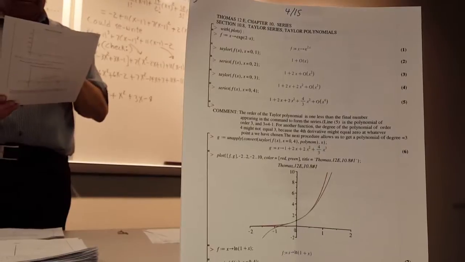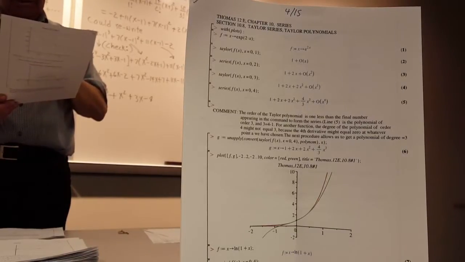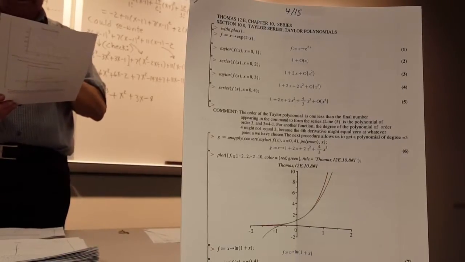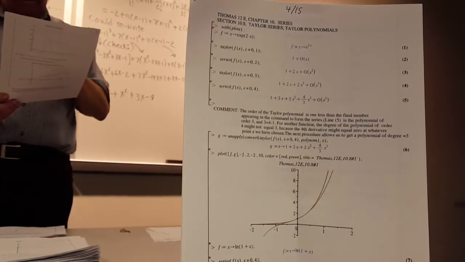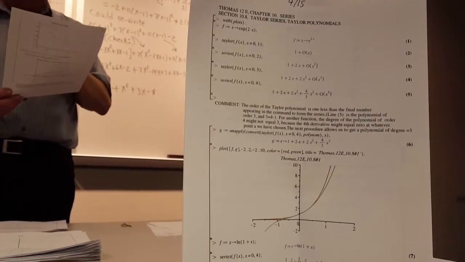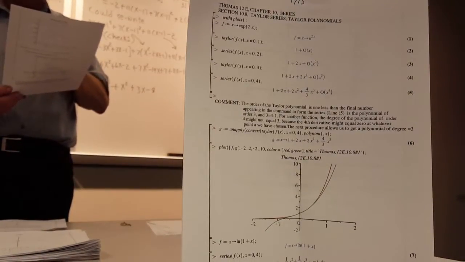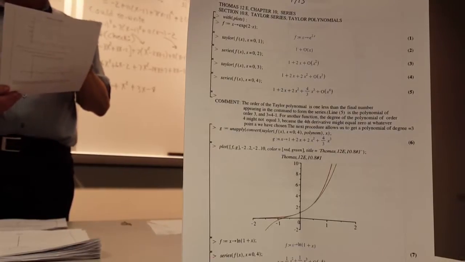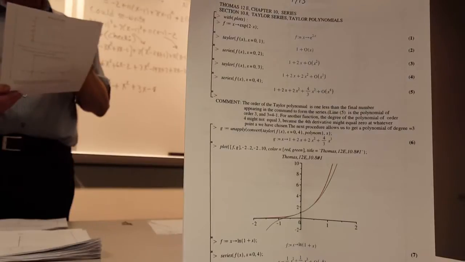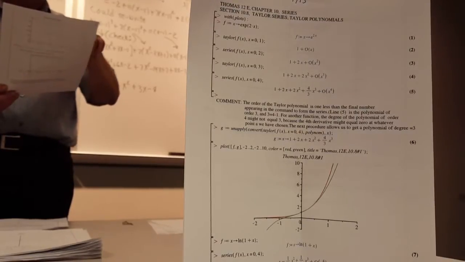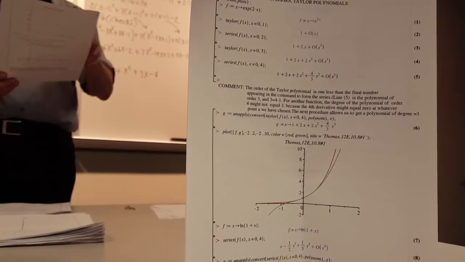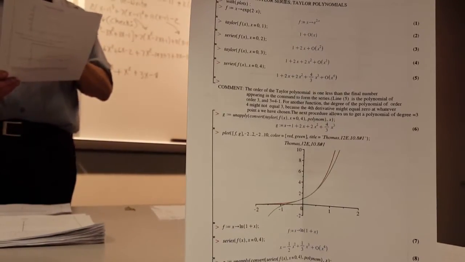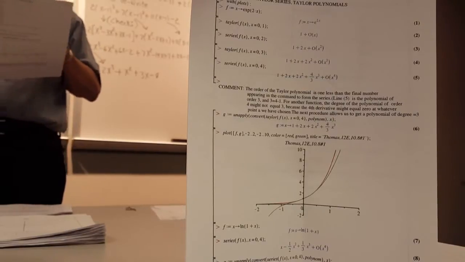And then line 6 is this cubic Taylor polynomial for it. Yeah, that's the one for the f of x. And then my graph is comparing the graph of the f, which is e to the 2x, and the g, which is this 1 plus 2x plus 2x cubed.